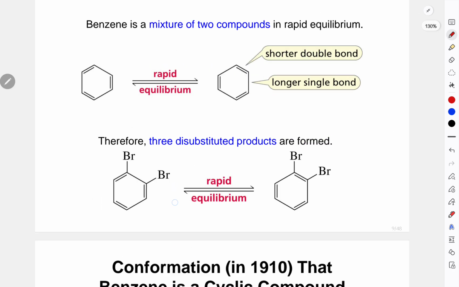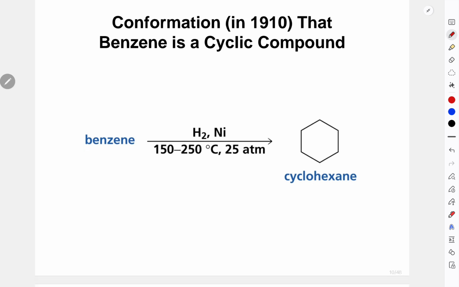And people confirmed the cyclic structure later on. In 1910, people reported this reaction. Until then, people didn't know the correct structure of benzene. But when they ran this hydrogenation reaction using a nickel catalyst, under this reaction condition, they got cyclohexane.